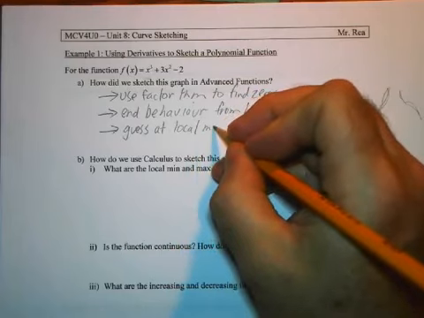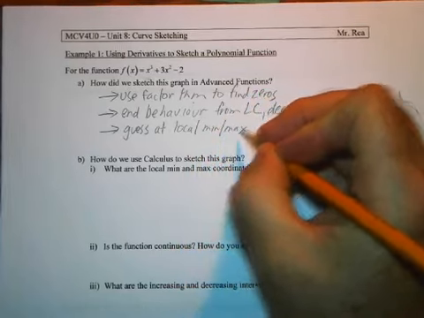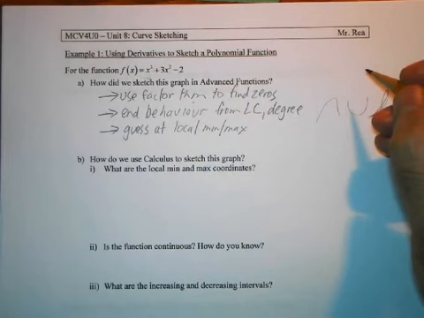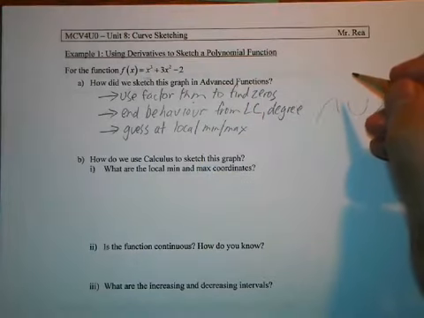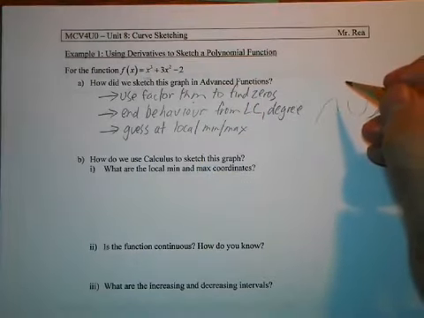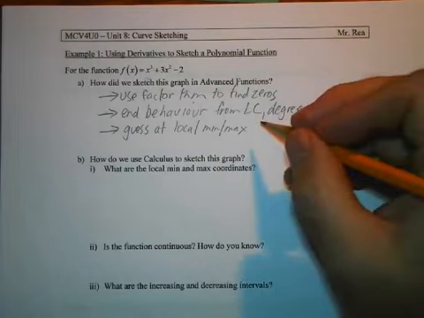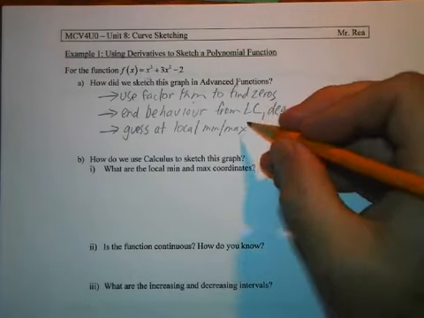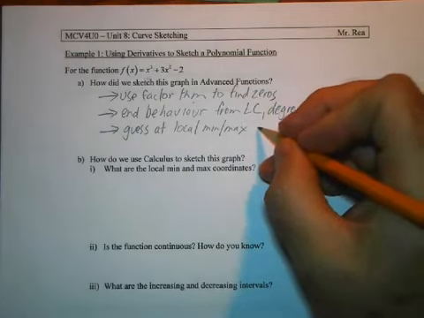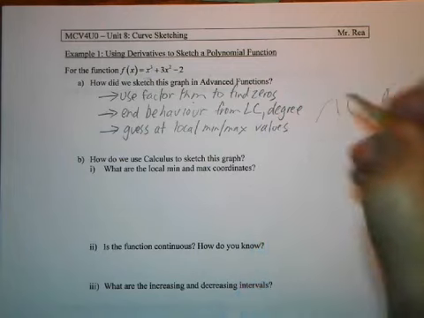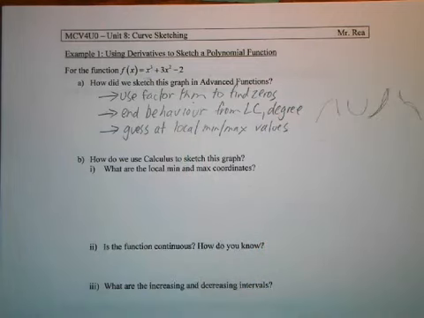For the local min and max values, usually they lie halfway between the zeros, but in terms of what's the value of y, we have no idea. Does it go way down or does it just go down a bit? We'd have to actually plug in the value to get that. So we didn't really do a whole lot of that in advanced functions. We were more concerned with the end behavior and the zeros and what's going on between the zeros.